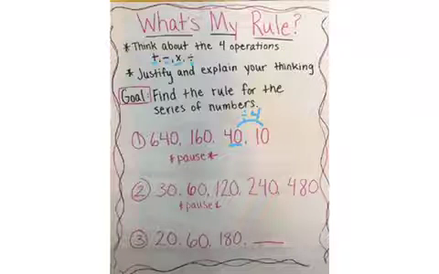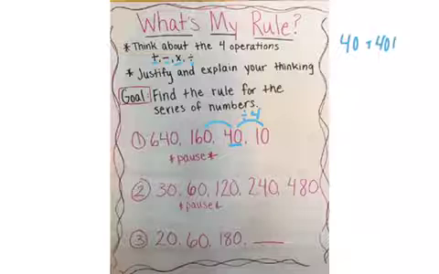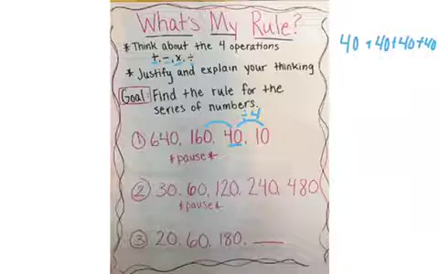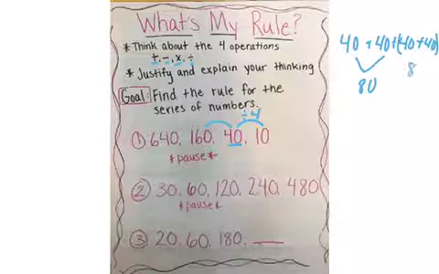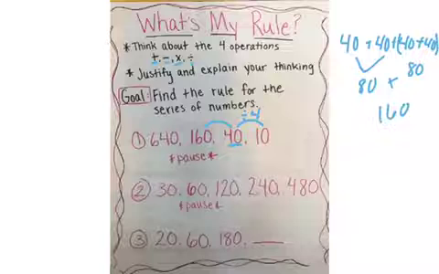And is that true if I look at 160 to go to 40? If I have 4 groups of 40, would I get to 160? And we know that this is 80, and we know that 80 plus 80 is 160.